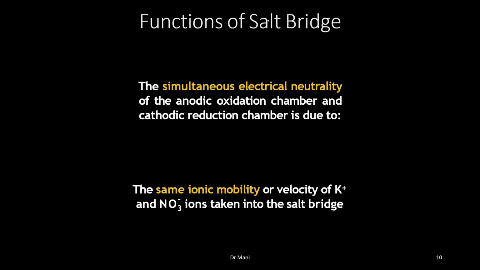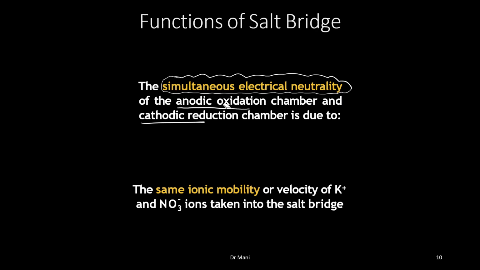What is the main role that it is doing here? It is producing the electrical neutrality. So how does it do this? This electrical neutrality is happening between the anodic chamber and cathodic chamber, or you can say the anode half cell and cathode half cell. We know in anode oxidation will happen, in cathode reduction will happen. That's how it is called the anodic oxidation chamber and cathodic reduction chamber.